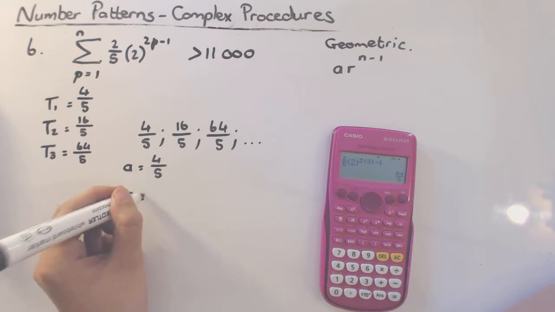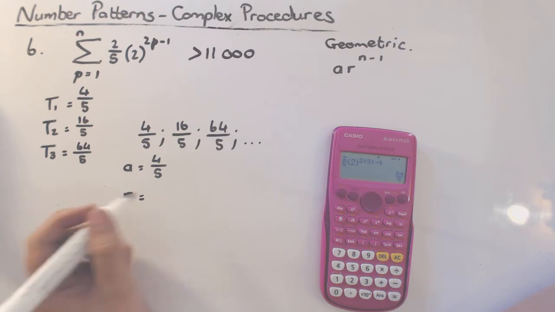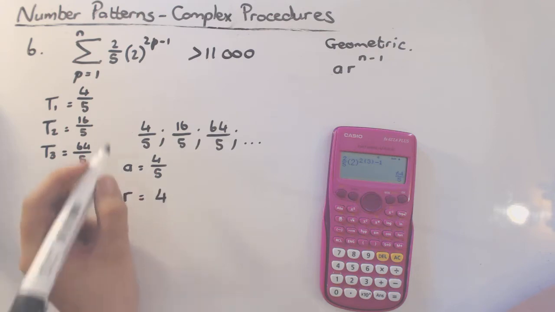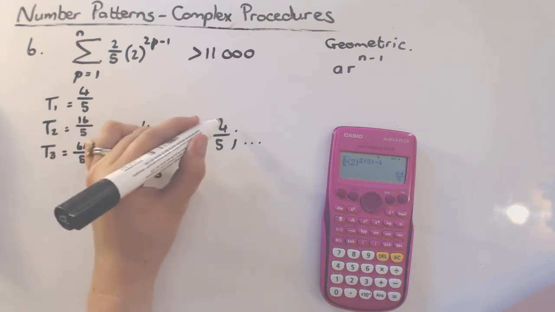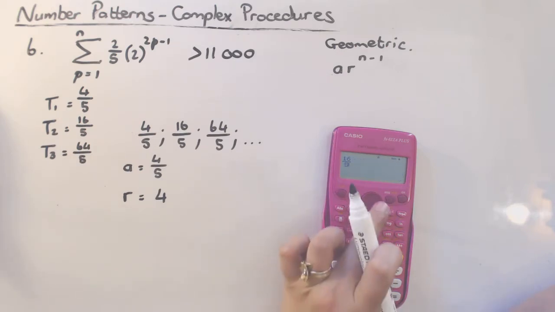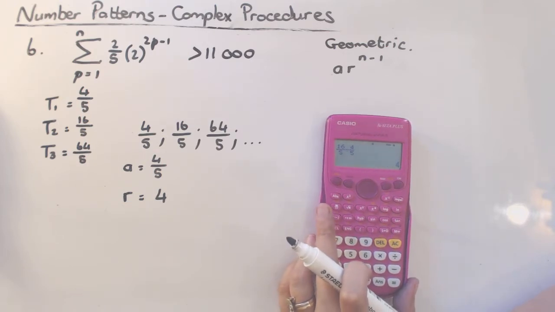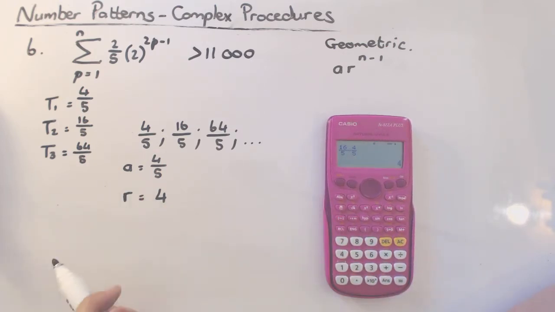And with the r value, you can just take 16 over 5 divided by 4 over 5 on your calculator, or you can maybe see that it's times 4 times 4 times 4. Just to test, 16 over 5 divided by 4 over 5, just make sure, that gives me 4. Right, so this is a geometric pattern that looks like this.